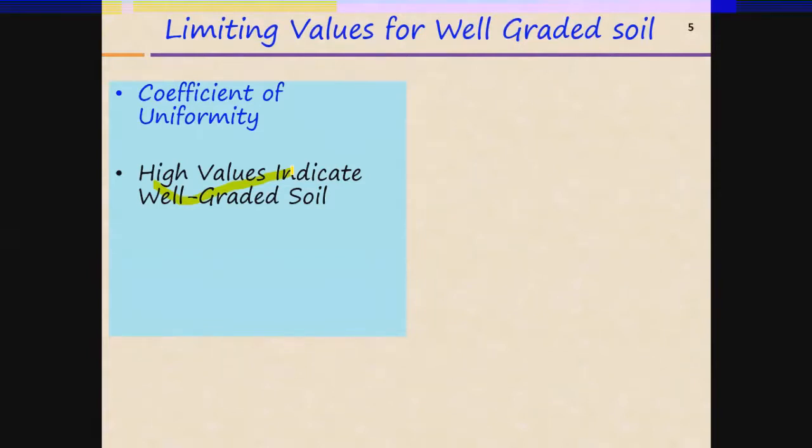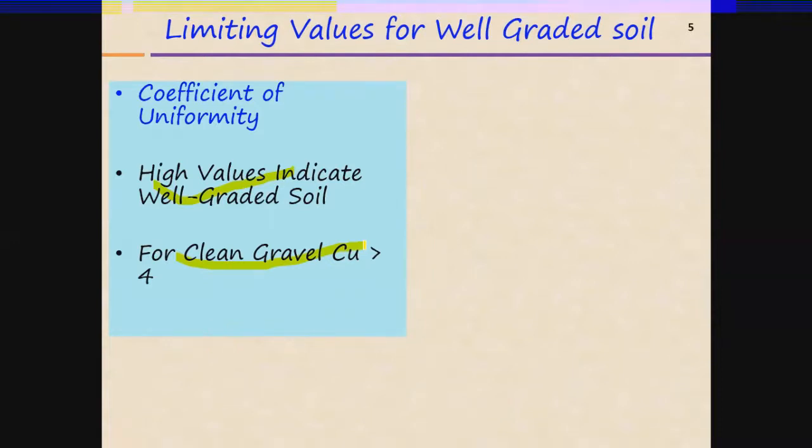So that question was answered by Casagrande in 1942 when he was giving the unified soil classification system for the US Army during World War II. He said that for clean gravels, the coefficient of uniformity value should be greater than 4. Anything less than 4 for the clean gravels is known as a poorly graded gravel.